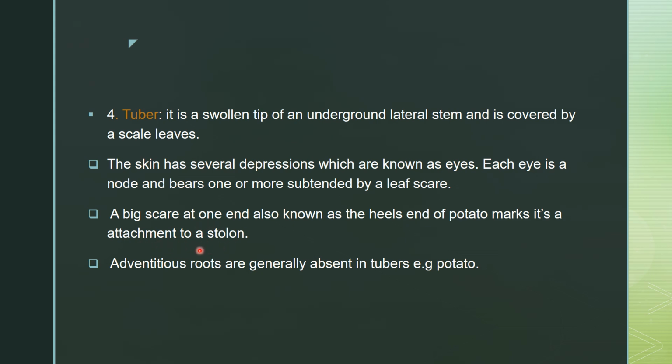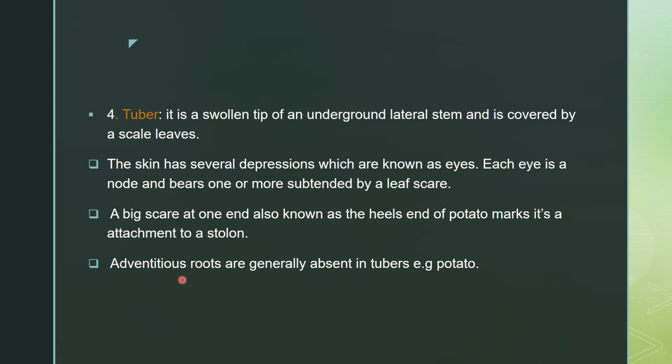So this scar at one side of the potato is a mark of its attachment to a stolon, or to a stem. Okay. Adventitious roots are generally absent in tubers.